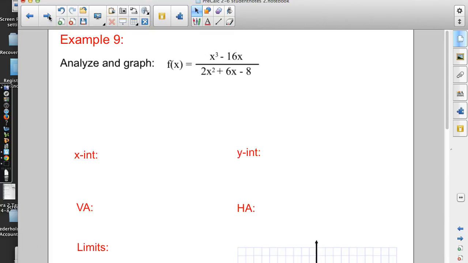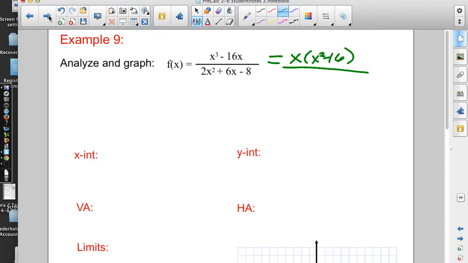All right, x cubed minus 16x over 2x squared plus 6x minus 8. Who doesn't that look like fun? And what do you notice? Take an x out. That ends up being a very good thing. How about on the bottom? We have a GCF we can take out there.